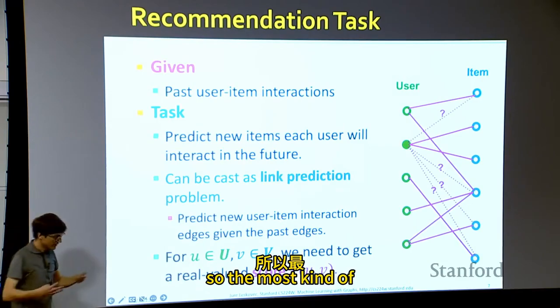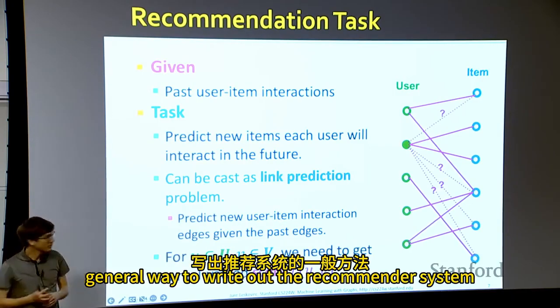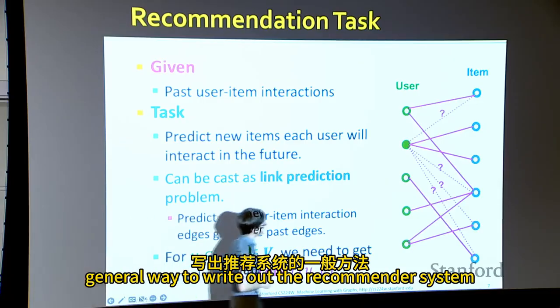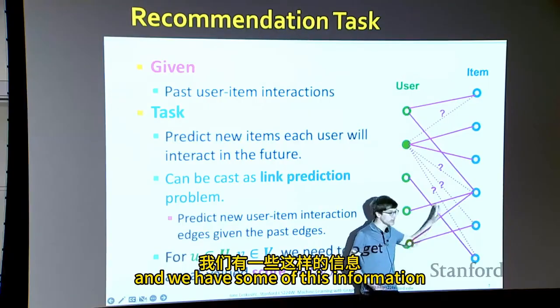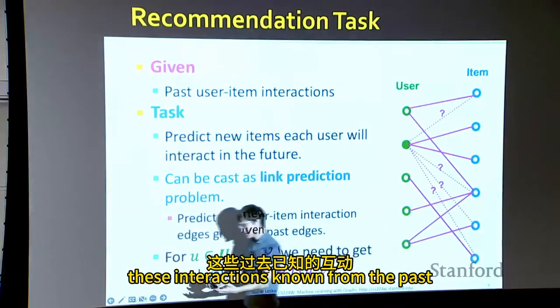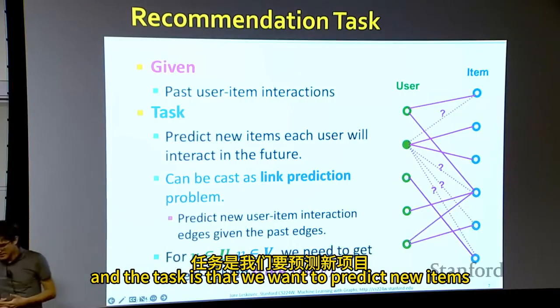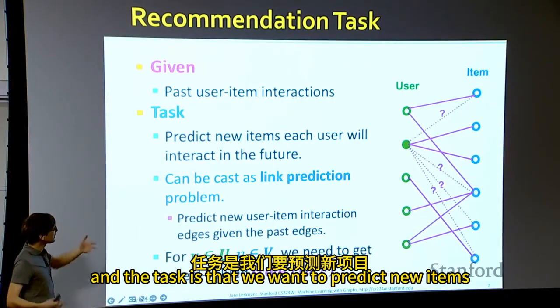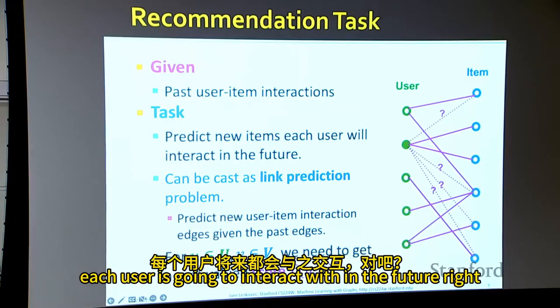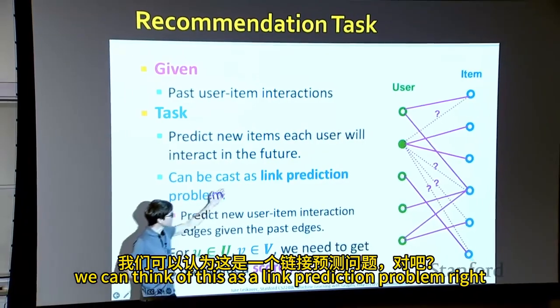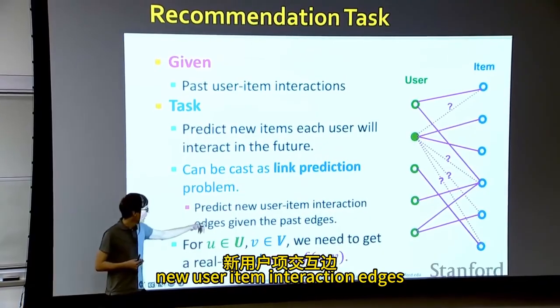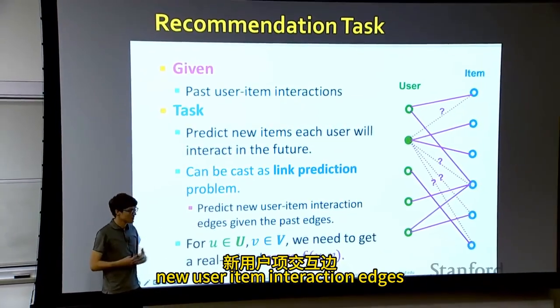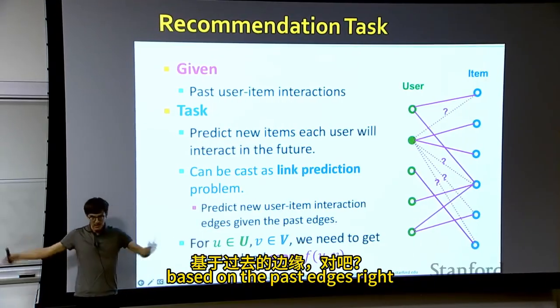So the most general way to write out the recommender system task is that we have some users, and we have some items, and we have some of these interactions known from the past. And the task is that we want to predict new items each user is going to interact with in the future. We can think of this as a link prediction problem, where we want to predict new user-item interaction edges based on the past edges.